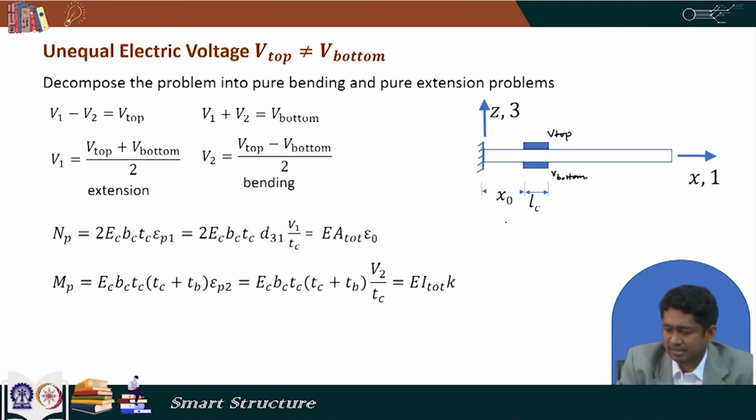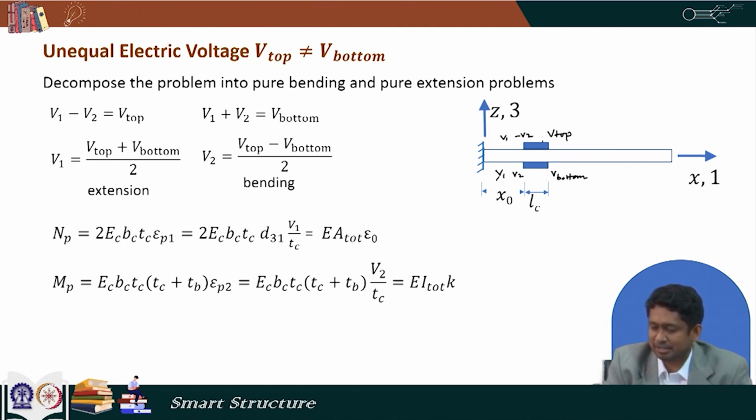So we assume that there is a voltage V1 and same voltage V1, and there is voltage V2 and a voltage minus V2. So V1 and V1 they induce pure extension or pure contraction, and V2 and minus V2 they induce pure bending, and their combination gives us the actual voltage V top and V bottom.